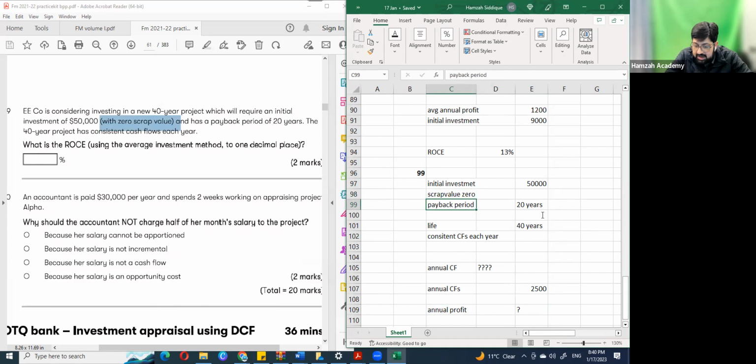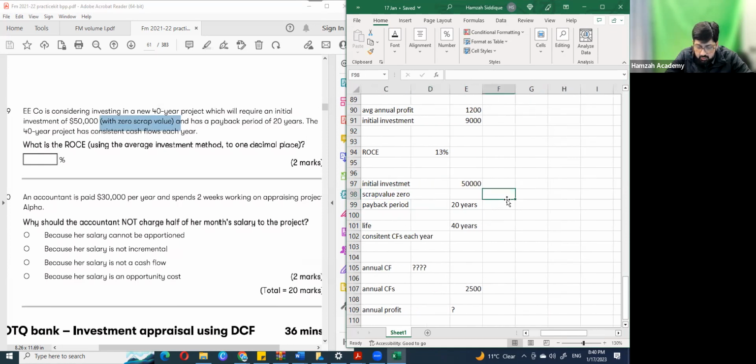What is the annual depreciation charge? 50,000 divided by total life, which is 40 years. Because of zero scrap value, annual depreciation charge is here.